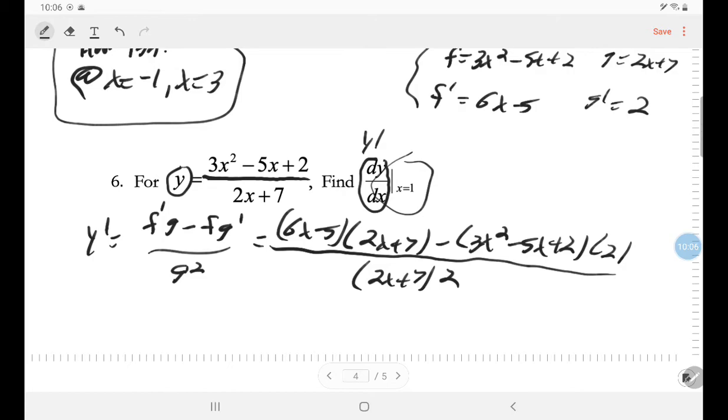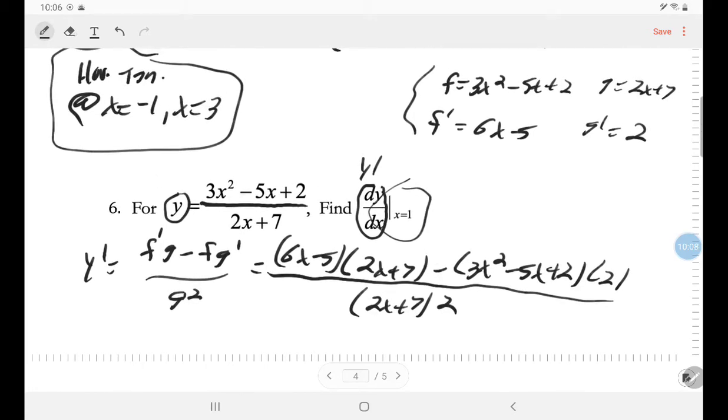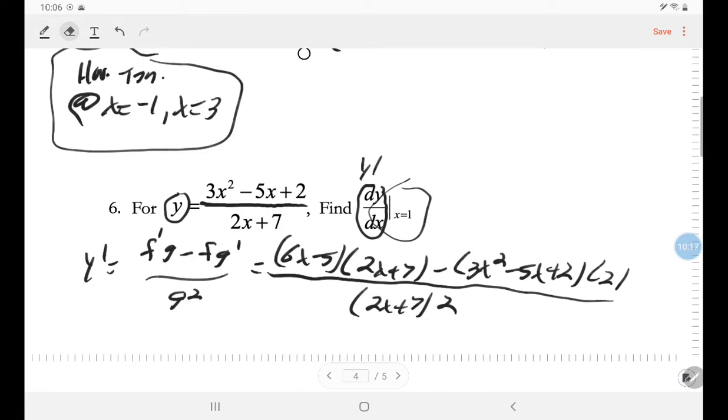So there's my y prime. There's my first derivative. Now, if you want, you can do like we did in the past problems, to where you distributed, combined like terms, did all that funky junk on the top, and just left the bottom alone to get an answer. I'm not even going to do that this time.